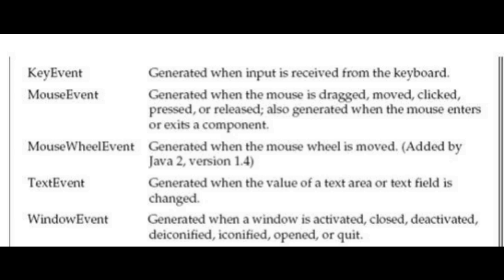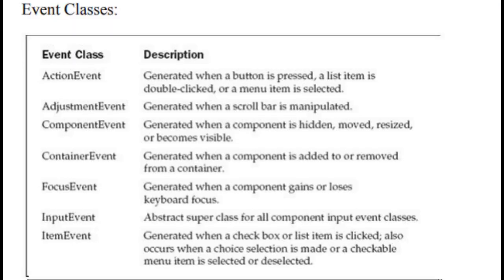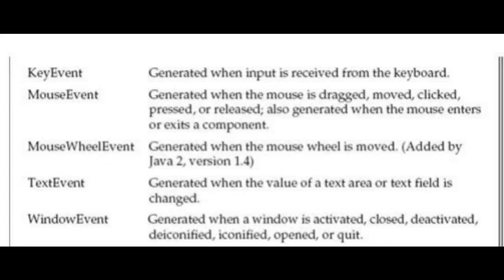A key event is generated when you press a key. Then a mouse event is generated when the mouse is dragged, moved, clicked, pressed, or released. A mouse event is also generated when the mouse enters or exits a component like a button, text field, etc.